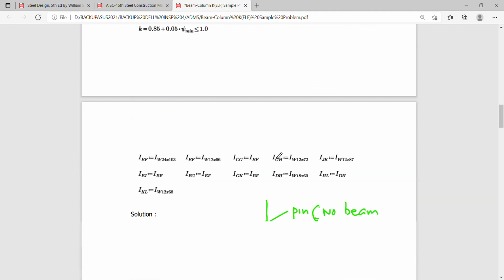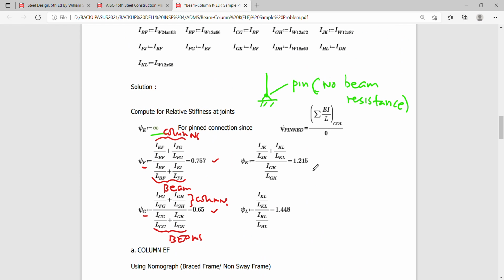Again, automatically, if I plug in the values of these column relative stiffnesses and this beam stiffness here, I obtain a value of psi K equal to 1.215, and I have only 1 column and 1 beam at joint L to consider.